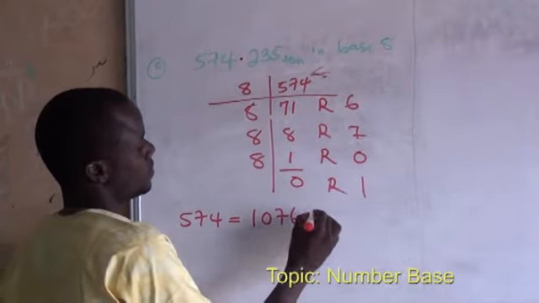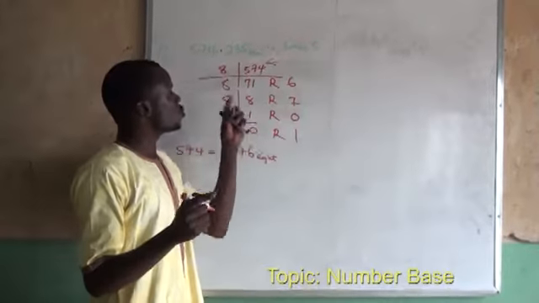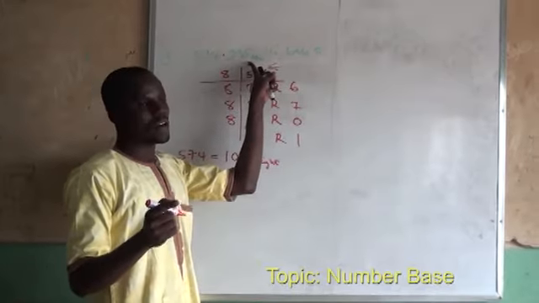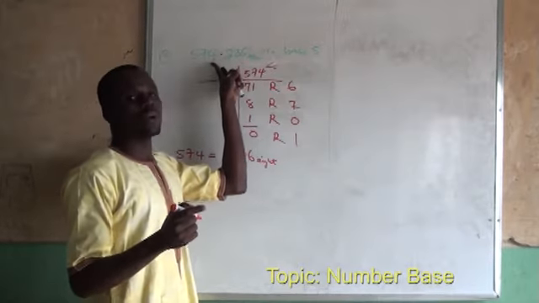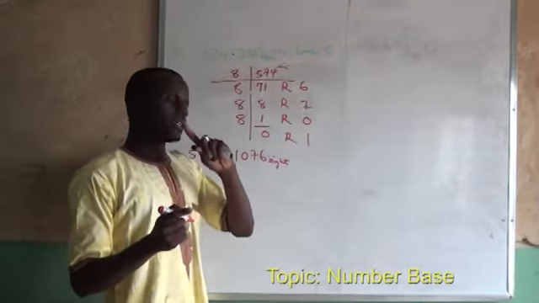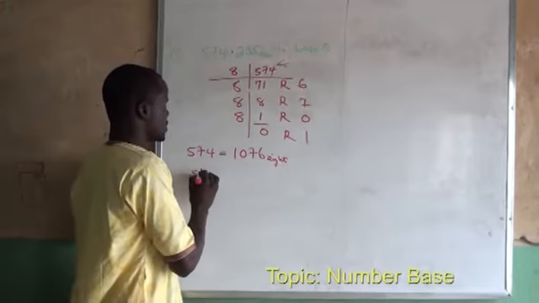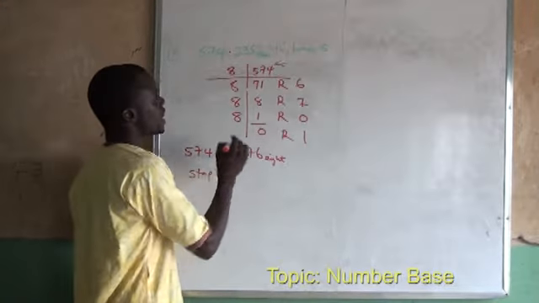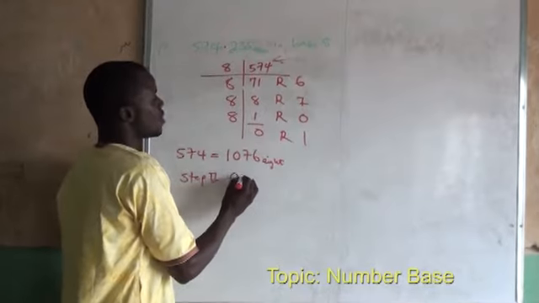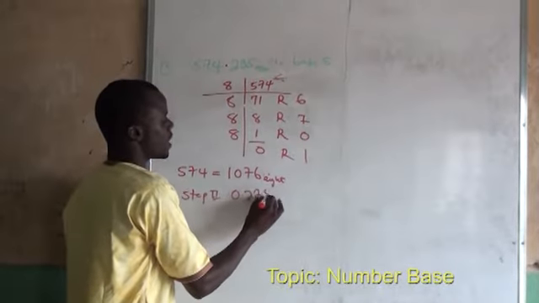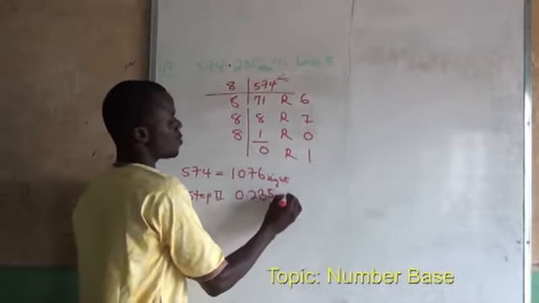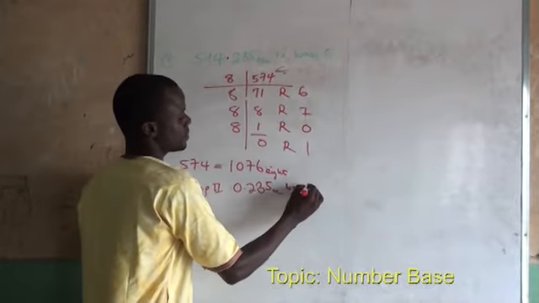Now we have to convert the decimal part after we converted the whole part. So the second step, step 2, is to convert 0.235 in base 10 to base 8.